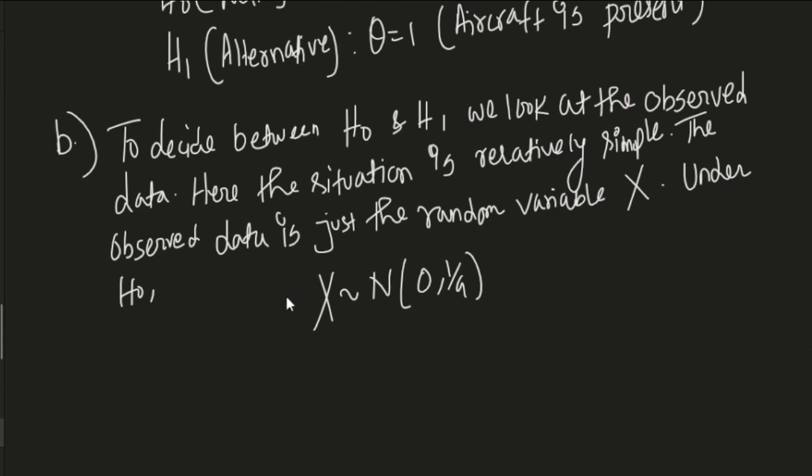So this is under H naught, right? And under H1 it follows a normal distribution with mean 1 and variance 1 by 9. Why is it so? I'll explain that.